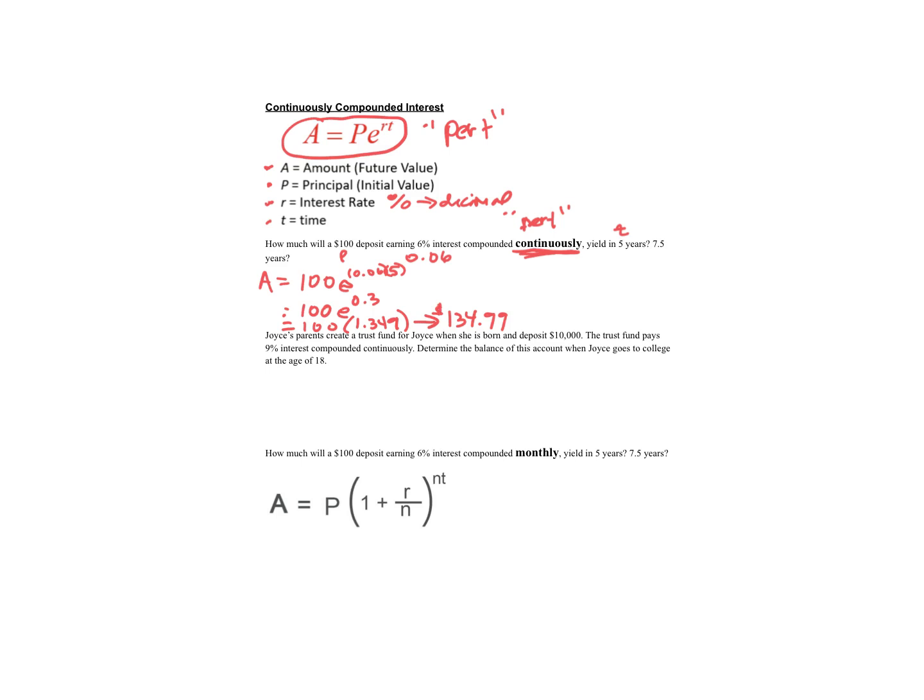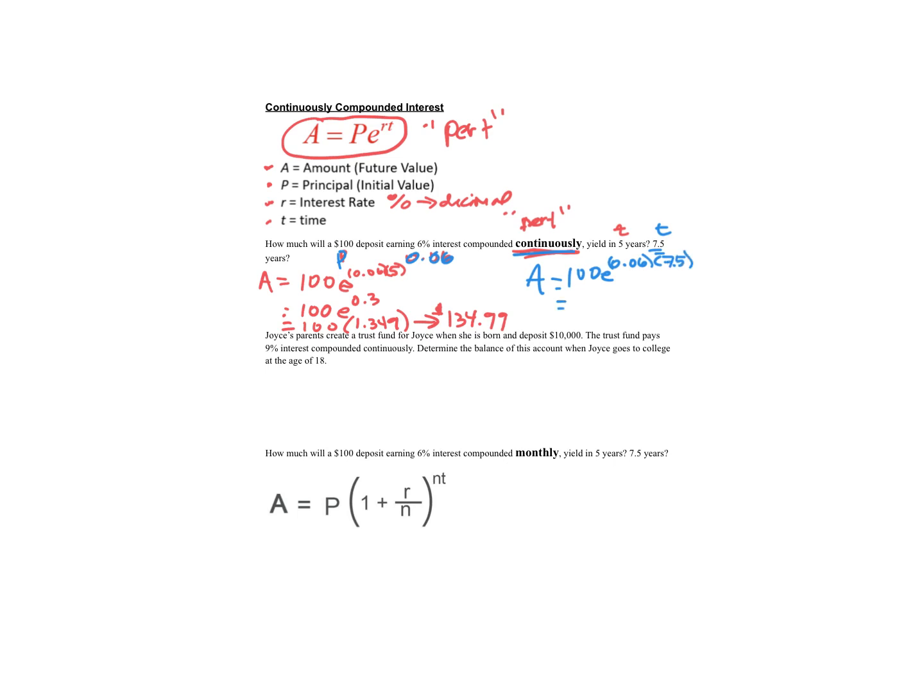Okay, now with 7.5 years as our time. We're done with 5 years, but we're still going to use $100. We're still going to use 0.06, but now we're changing our time to 7.5 years. Let's use PERT again because it's still continuously compounded. So 100 e to the 0.06 times 7.5.